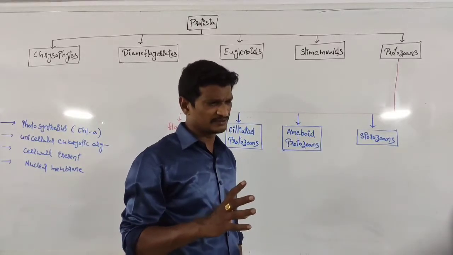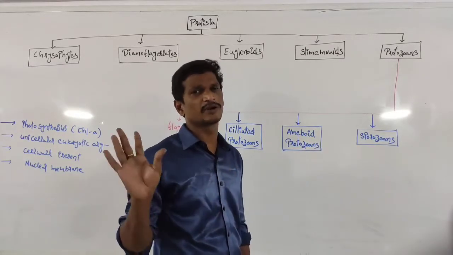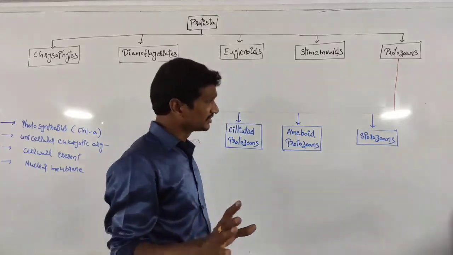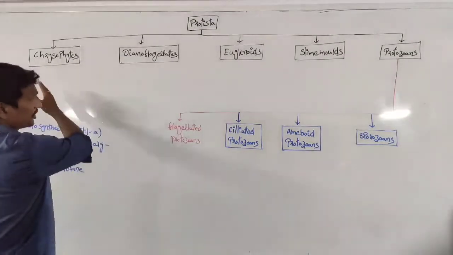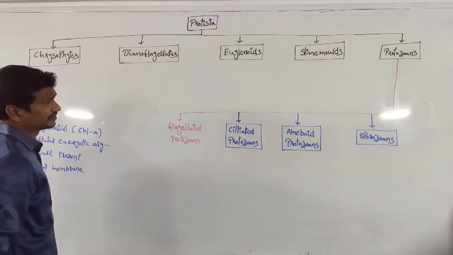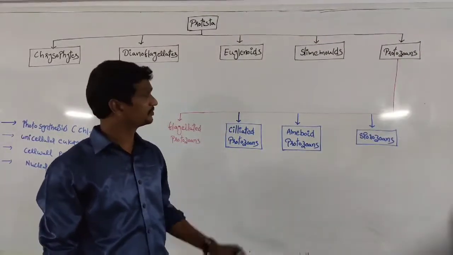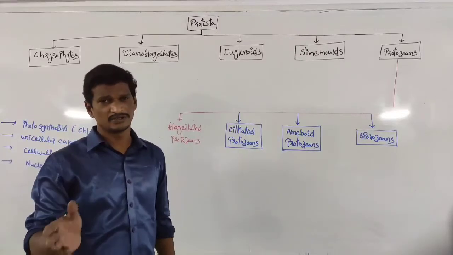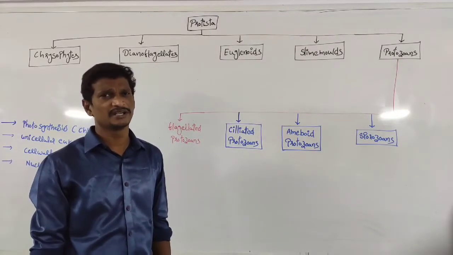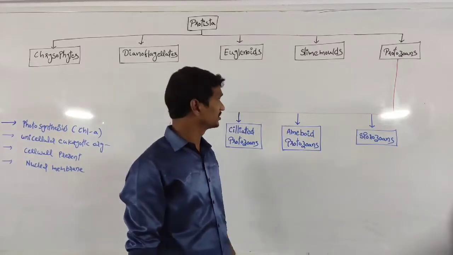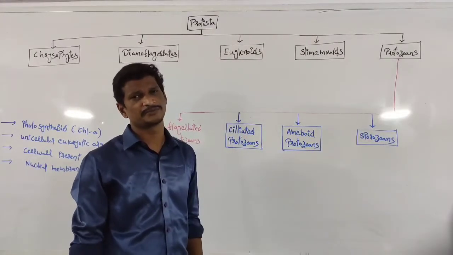See the statement I gave: the Protista organisms are not classified properly because the first two types are autotrophic organisms, the last two types are completely heterotrophic organisms, and the intermediate one is both autotrophic and heterotrophic, which exhibits mixotrophic nutrition.